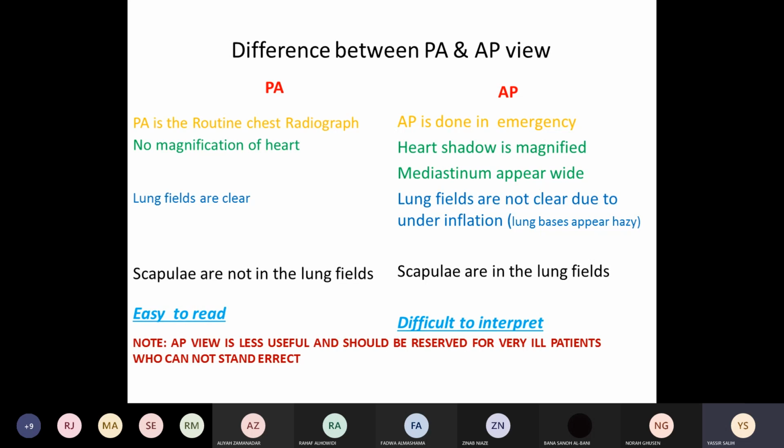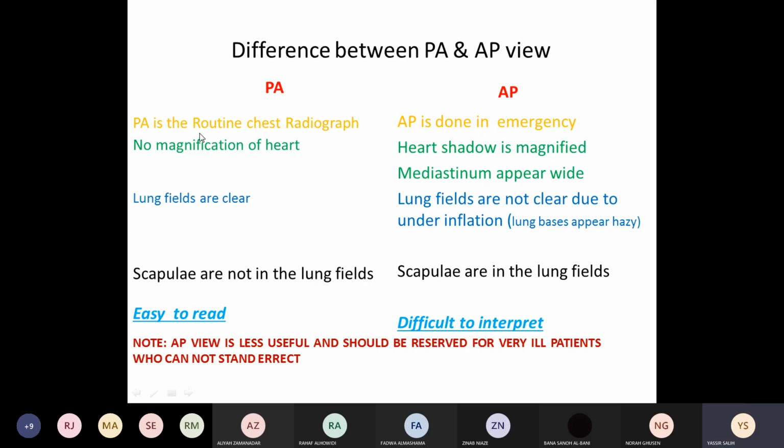That means any patient sent for chest X-ray, this chest X-ray should be done in PA unless there is a contraindication or there is a problem. For example, a patient in ICU, a traumatic patient with, for example, instrumentation. If there is any problem, you can do this AP.